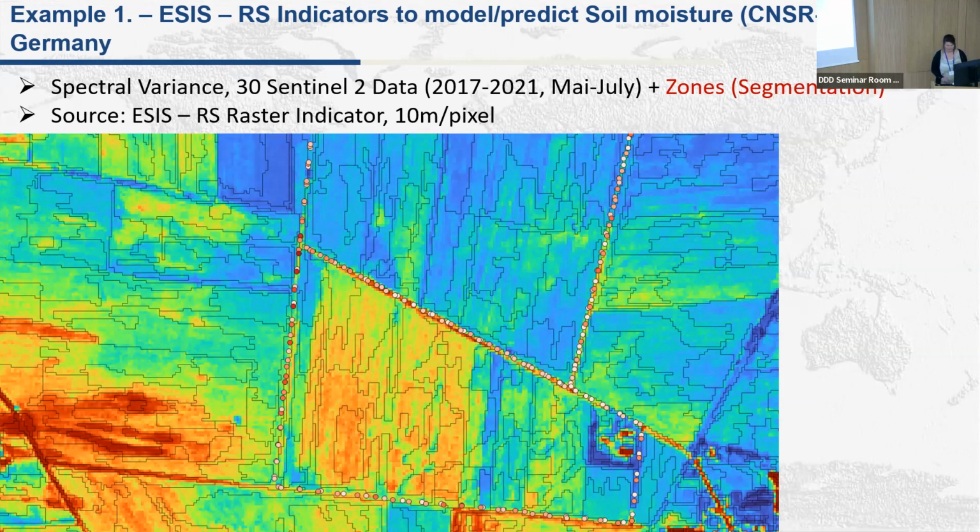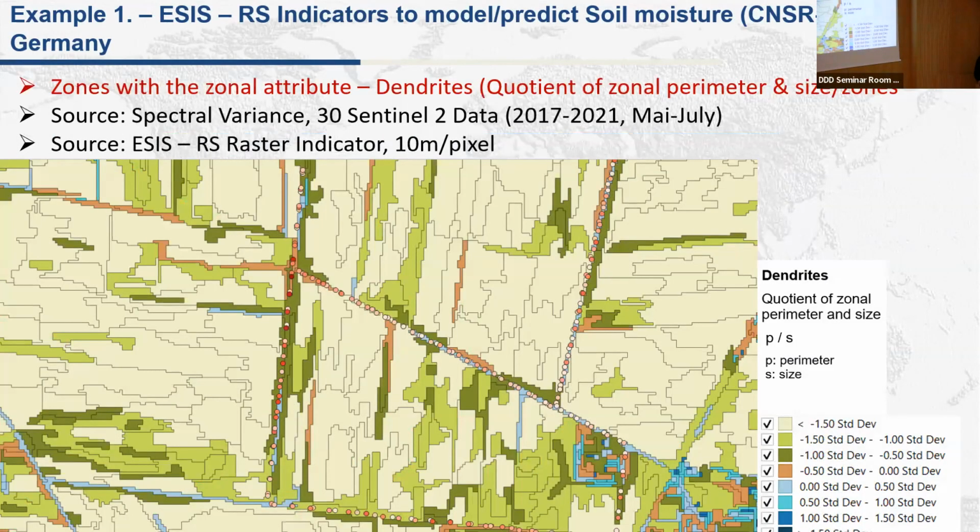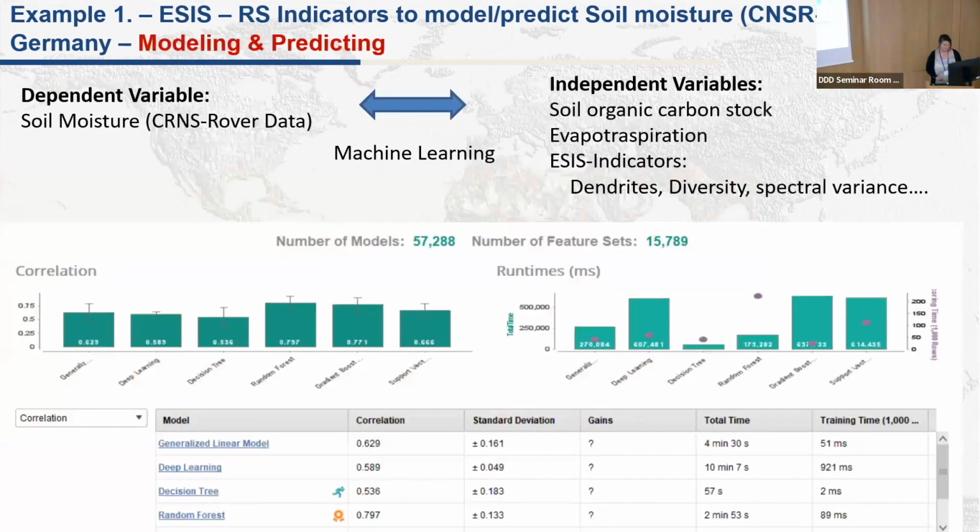Then we got 10 different attributes for each zone. Here the attribute is dendritis, the coefficient of zonal perimeter and size for each zone, so that we can see if this indicator is important for modeling soil moisture.